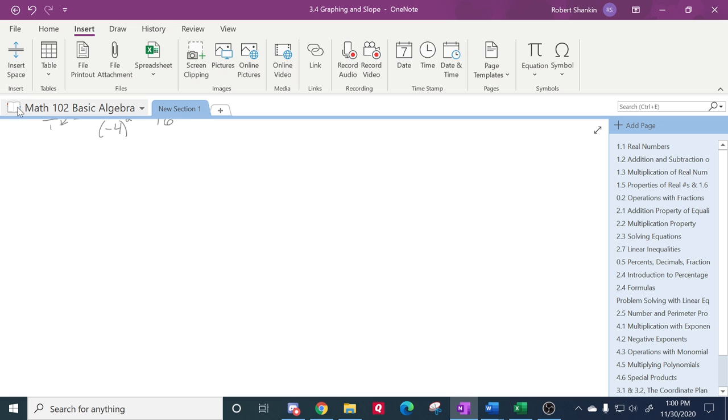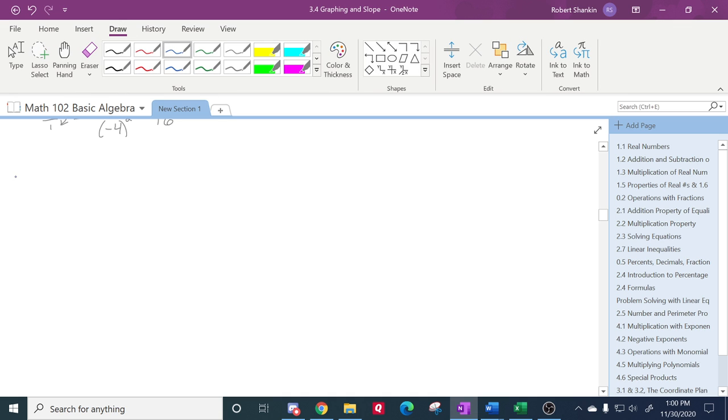So 3.3 number 30. y equals 1/2 x. And the directions say for each of the following lines, the x-intercept and y-intercept are both 0, which means that the graph will go through the origin, (0, 0).